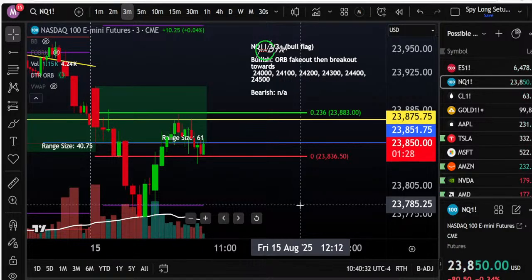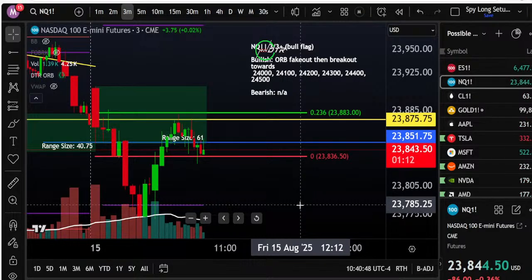I'm trying to get a little bit of a deeper pullback so I can go slightly larger contract sizing. I'm trying to get 46-ish, something like that. Too fast, too fast, too fast. Okay, better.